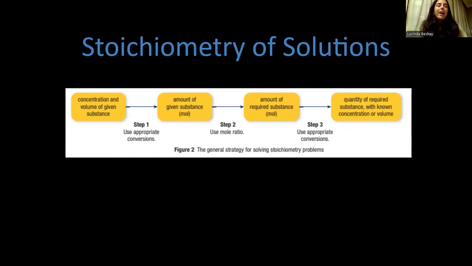Now, I want to take us up a level, a few extra steps, because this is the core of the solutions unit, the stoichiometry of solutions. So what are the steps saying? It's telling us that for the concentration and volume of a given substance, step one is to use appropriate conversions.